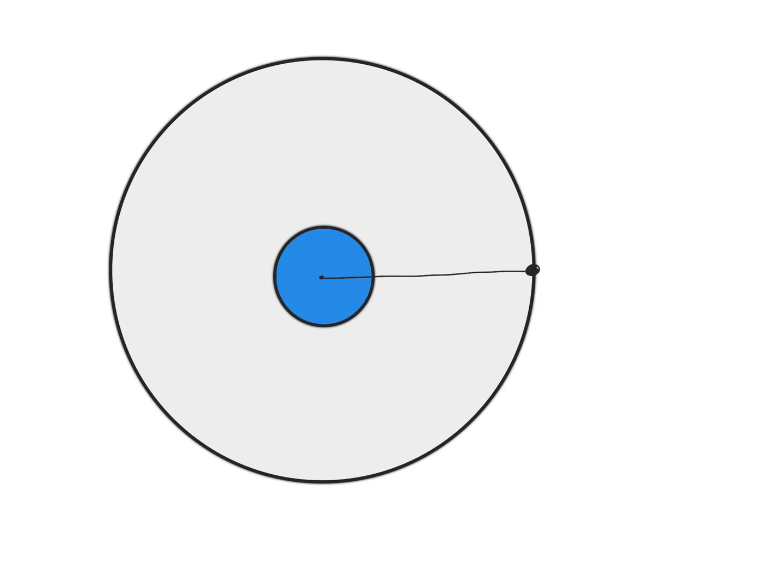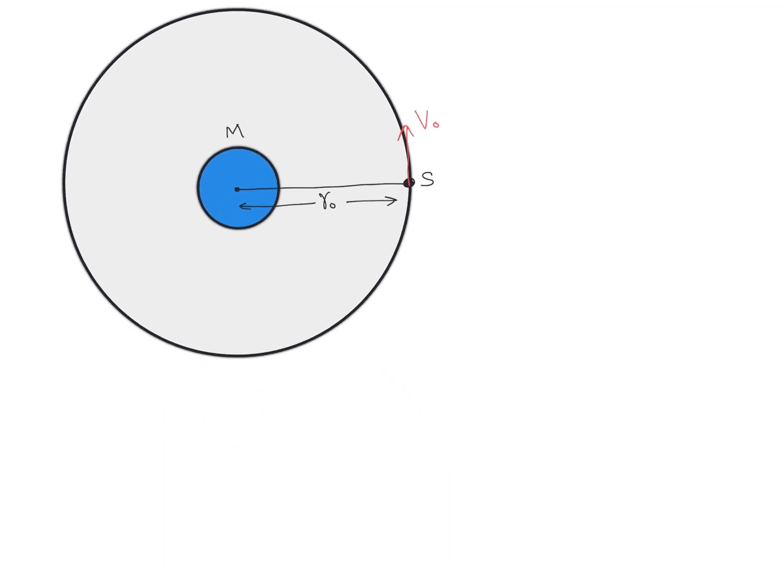It should be from the center of the planet. So let's say a satellite S is revolving around Earth or a planet of mass M, and the orbital radius is r naught. If it is moving with a velocity known as orbital velocity, represented by v naught, or orbital speed v naught.